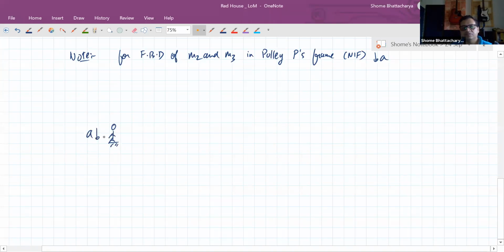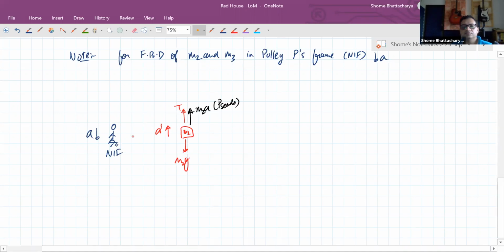The non-inertial frame itself is coming down with this. So M2 in this frame would have an upward acceleration of A prime itself, and the forces acting on it would be tension and weight, but along with that there would be pseudo force. That would be M2A, this would be the pseudo force.